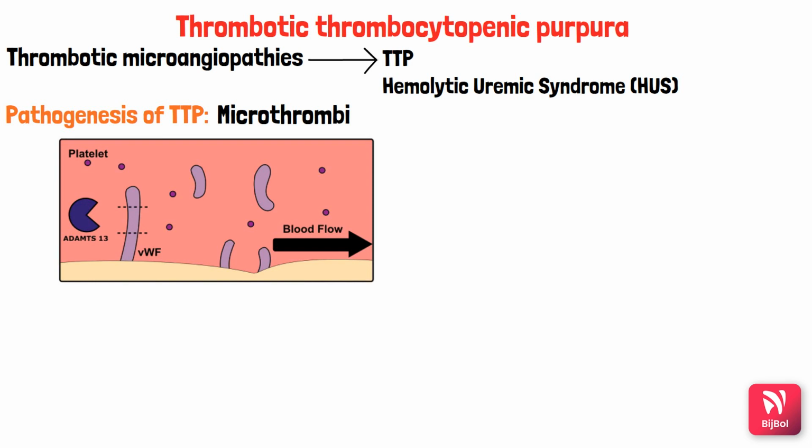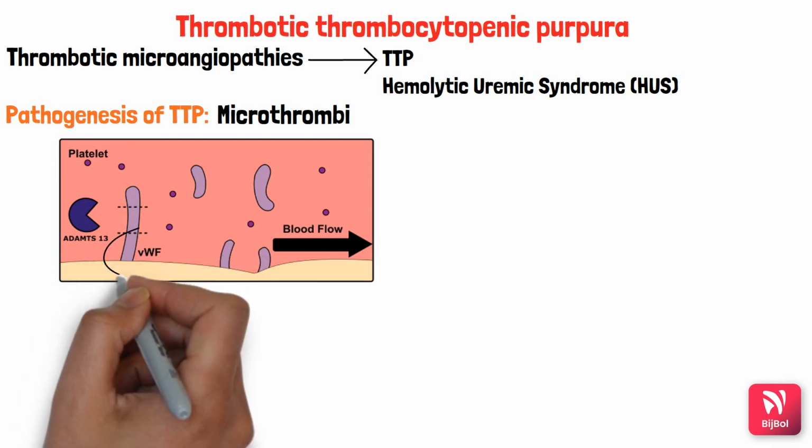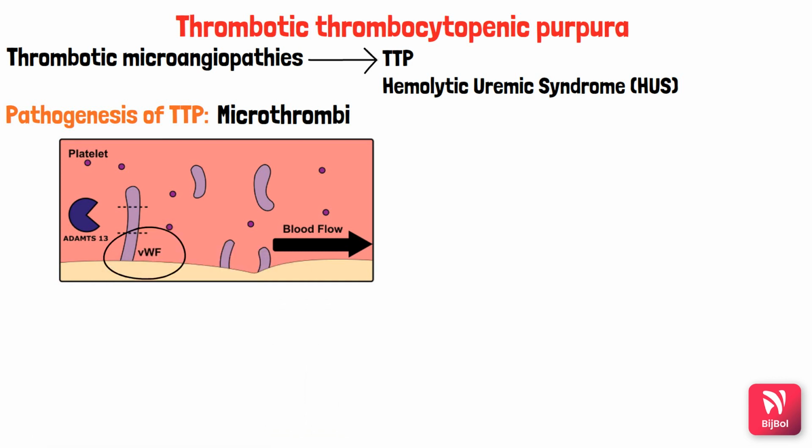If you see in this picture, this is the blood vessel. That is von Willebrand factor. Normally this von Willebrand factor is produced by endothelial cells. Whenever it is produced, it helps in platelet aggregation and helps in thrombi formation. But as there is no injury, we don't need von Willebrand factor.